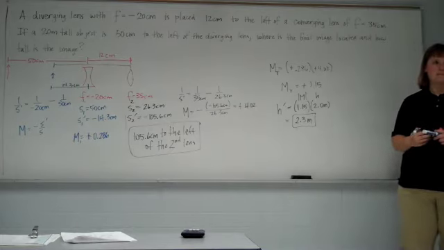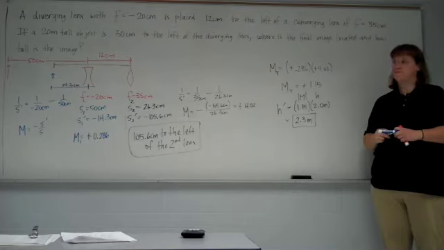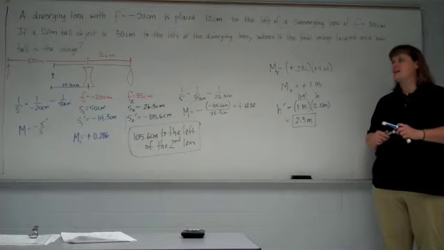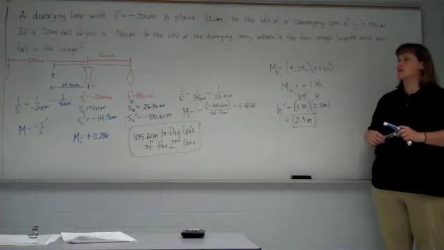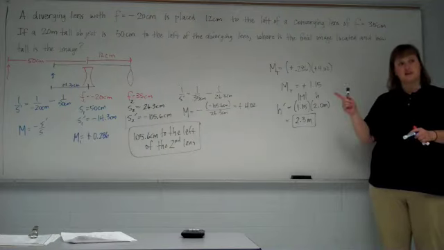So assuming we have a negative S prime, can we pass it back through the diverging lens? No. Well, it's not a real image, is it? S prime is negative. It will be virtual. There will be a little bit of reflection that could pass back through the diverging lens, yes.